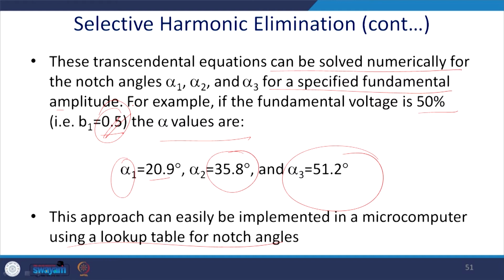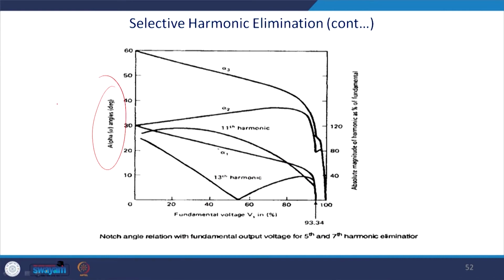We generally want to maximize this value. And see that this is a representation of the triggering angle alpha and the fundamental value of alpha. So, generally what happens, you can see that for alpha 1 you gradually increase alpha 1 and try to reduce it.